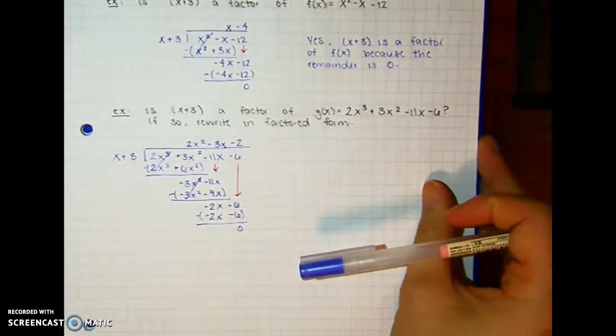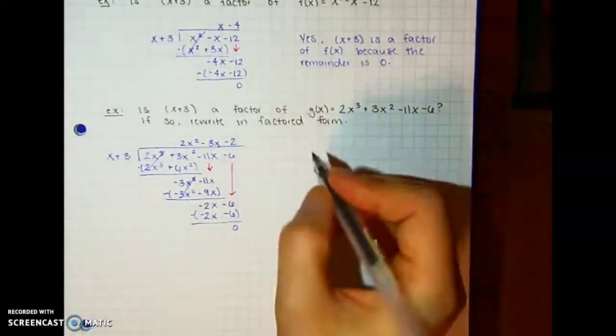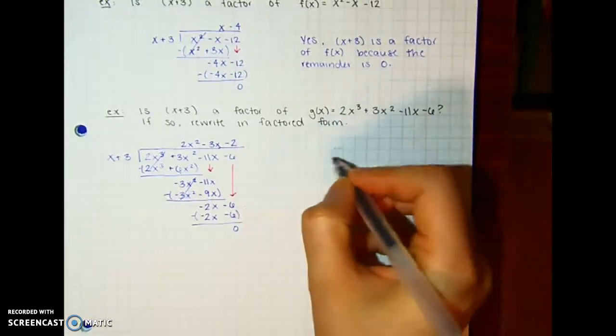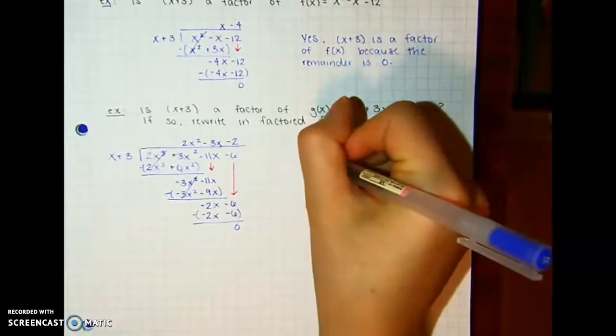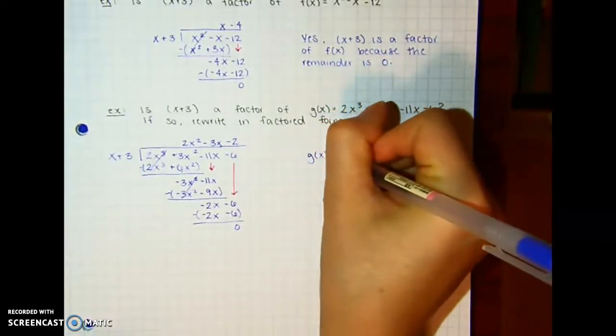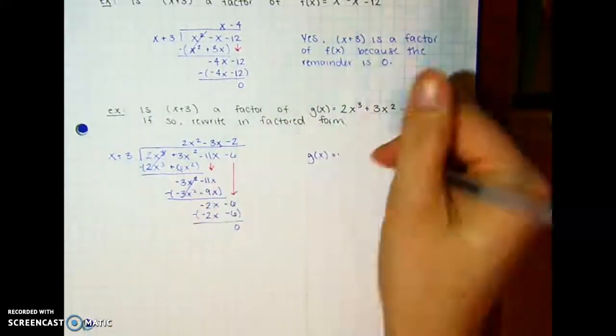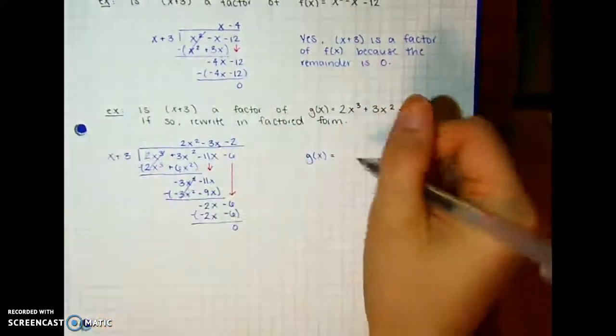So that means that we can rewrite this like so. So g of x is going to equal x plus 3, right? Because we divided it by x plus 3.